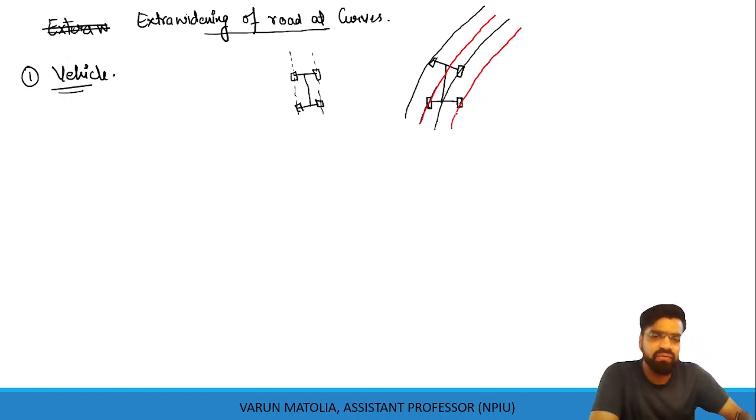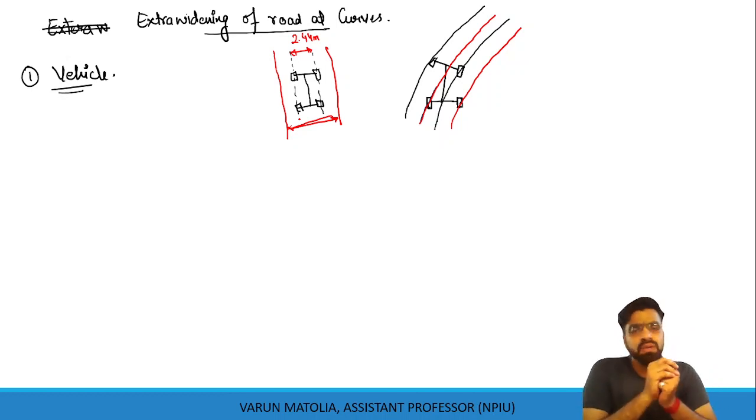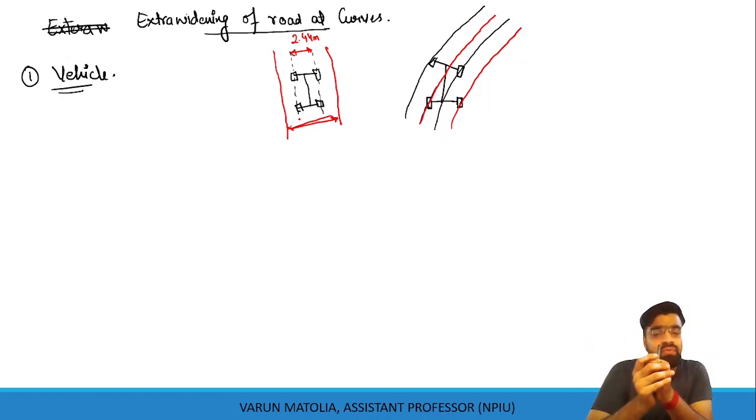So you can see that if I consider this to be the path of this vehicle, while studying the road width, I studied that the road width is dependent on the width of the vehicle. If we limit the width of the vehicle to 2.44 meters, then there will be comfortable space on both the sides to move on the road. But here, when our front wheels are using a different path and rear wheels are using a different path, then we have to consider widening of the roads.